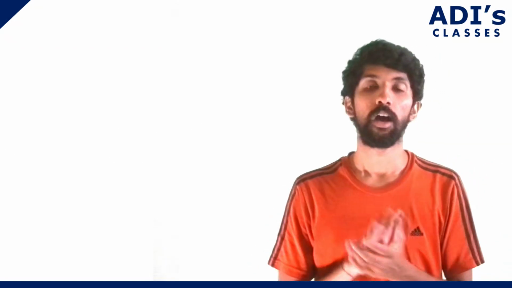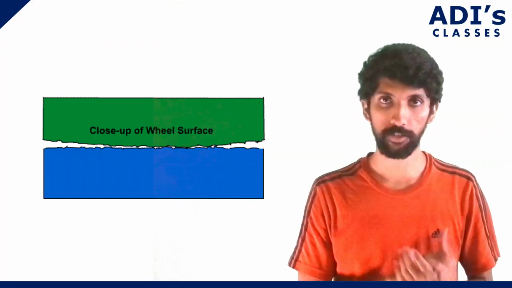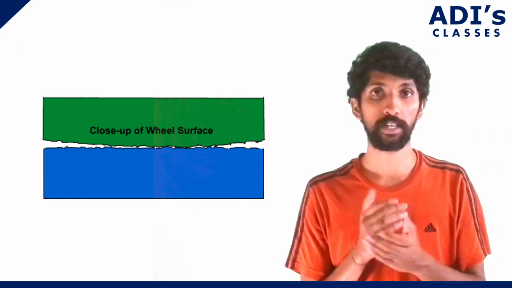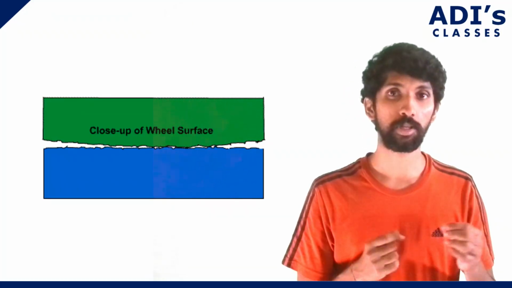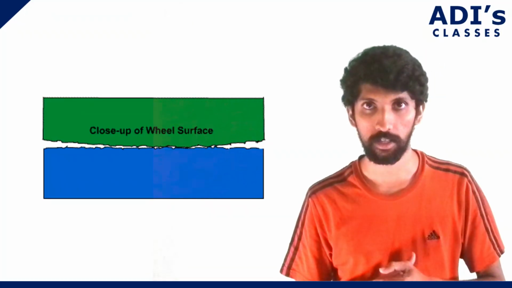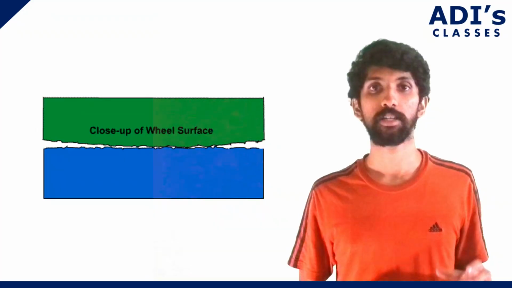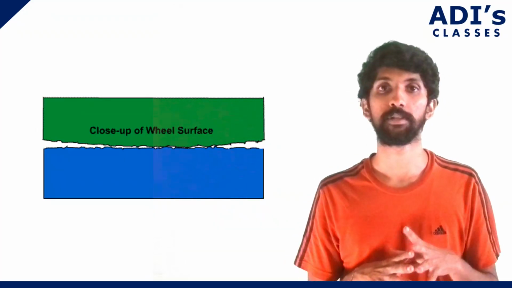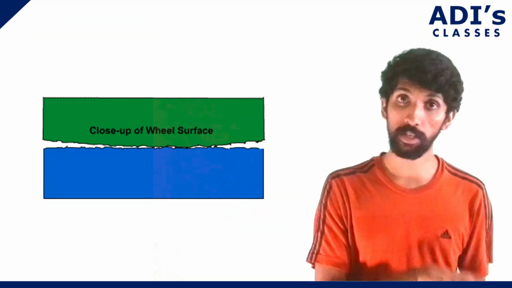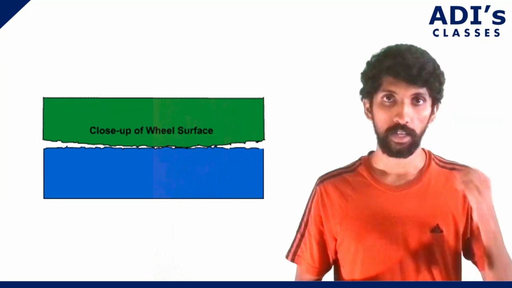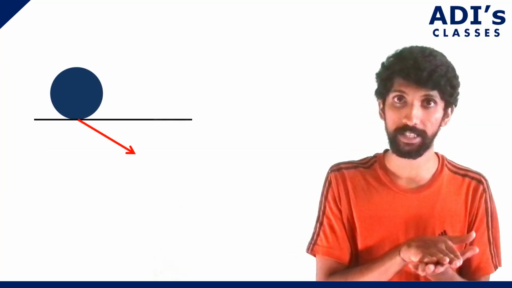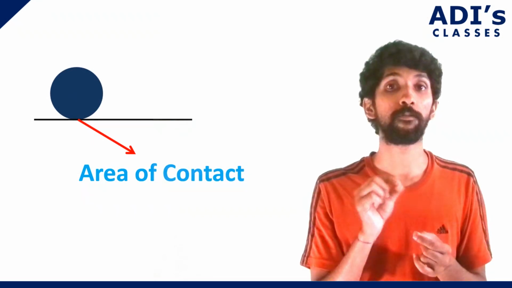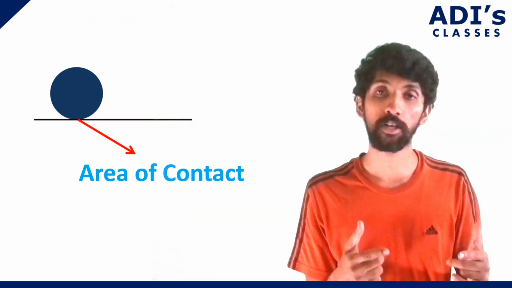Let's look at the figure. We are talking about intermolecular distance, or intermolecular attraction. In reality, when one body rolls over another body, because the two are in contact, a little bit of wear and tear of the rolling object happens.